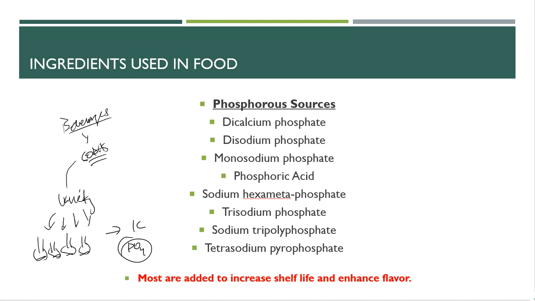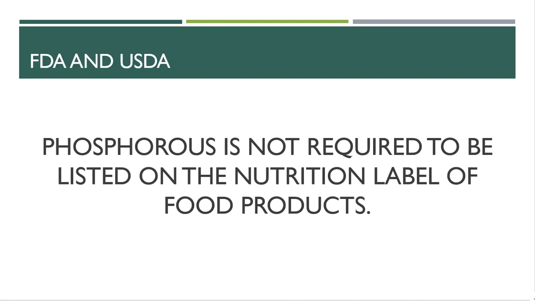Another thing that people are kind of surprised to learn is that phosphorus is not required to be listed on the nutritional label. Your Food and Drug Administration and your United States Department of Agriculture, which controls much of the food industry, has decided that they do not want phosphorus on the nutrition label.